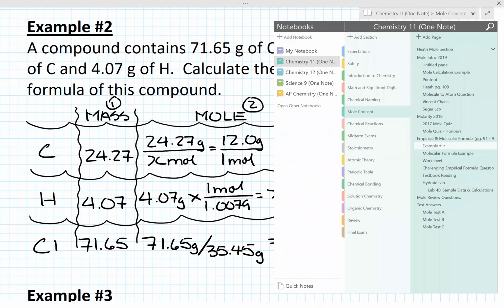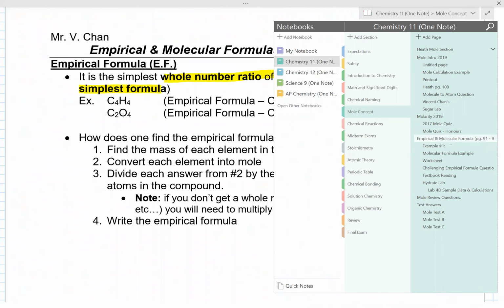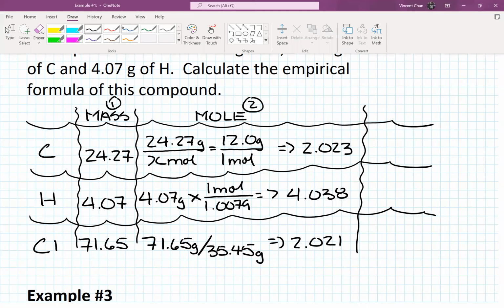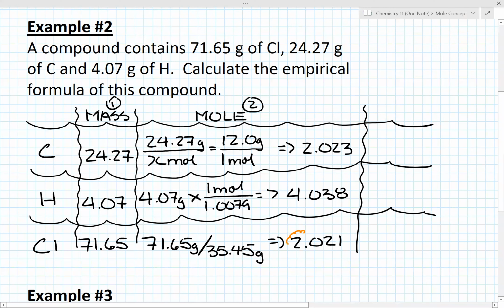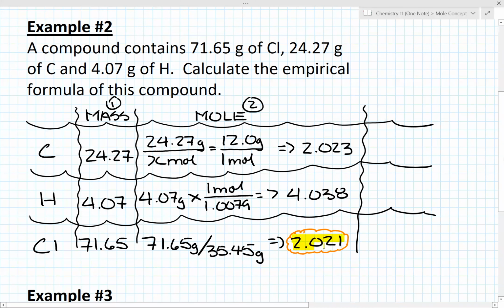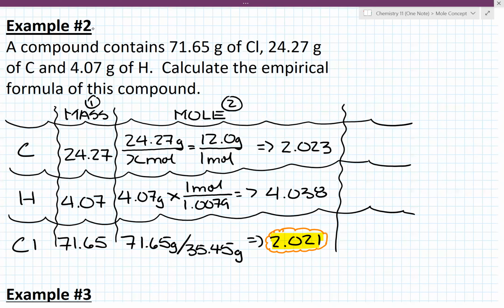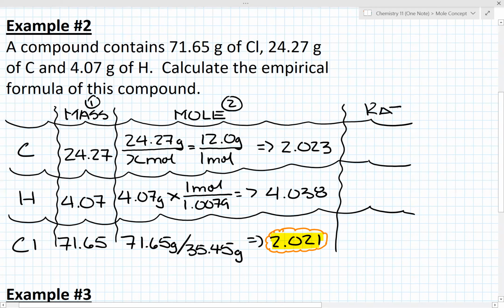Now, step number 3 in my notes says divide each answer from number 2 by the smallest value to get a ratio of atoms. In this particular case, 2.021 is your smallest value, so I'm just going to highlight it. For step 3, the ratio, you divide every number by the smallest number.